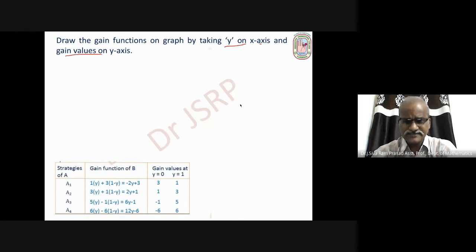Use a scale and pencil to get an accurate graph. So this is the x-axis; on the x-axis we take y values and gain values on the y-axis. So we rename the y-axis as the x-axis, just interchanging the axis names.